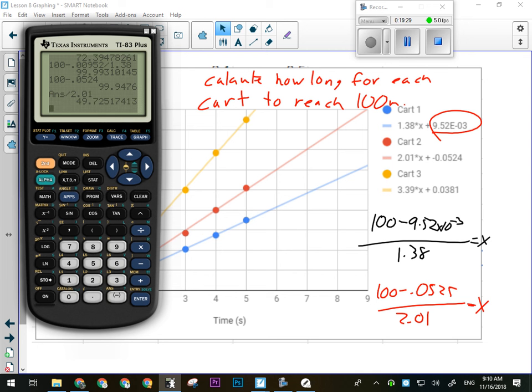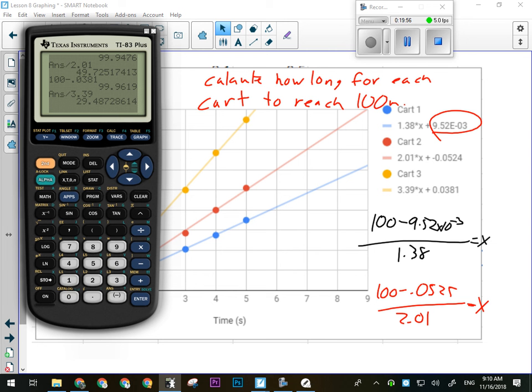That's going to be quite a bit less time: 49.7 seconds for that one. And then for cart number 3, I'm going to take 100 and subtract 0.0381 and divide that by 3.39. It only takes that one 29 seconds to get to 100 meters.